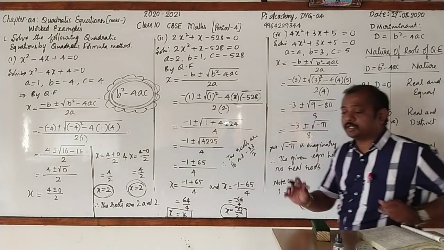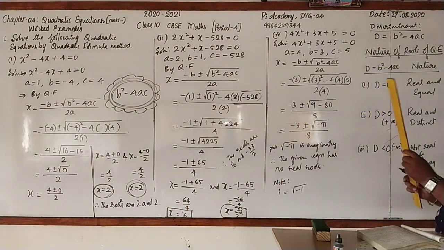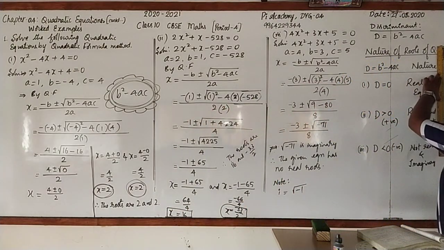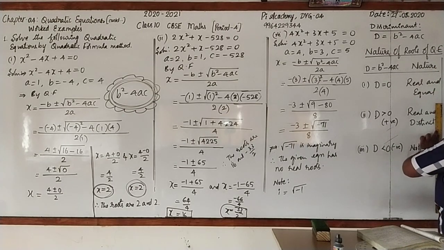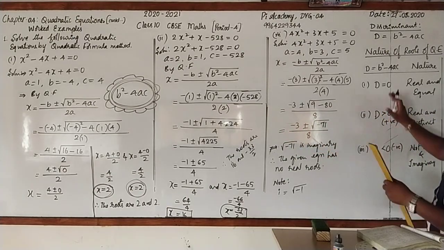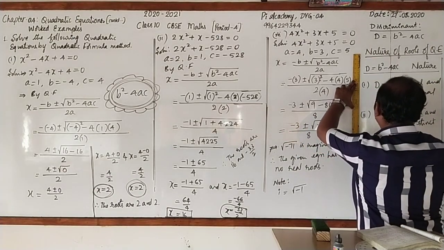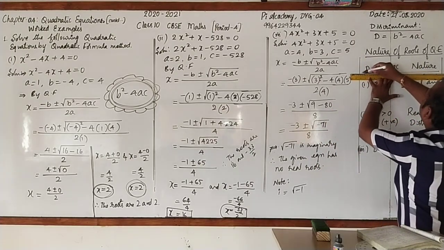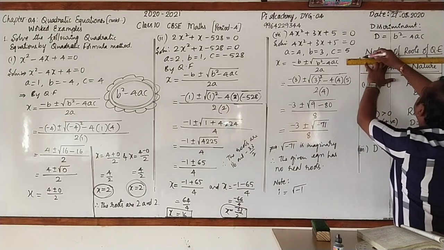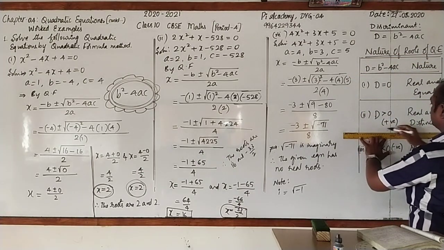It is very important. Based on this only, we will go for deciding the nature of roots of quadratic equations directly, without following those many steps. Just when you find out the value of b square minus 4ac, immediately you can tell whether the roots are real and equal, real and distinct, or not real and imaginary.